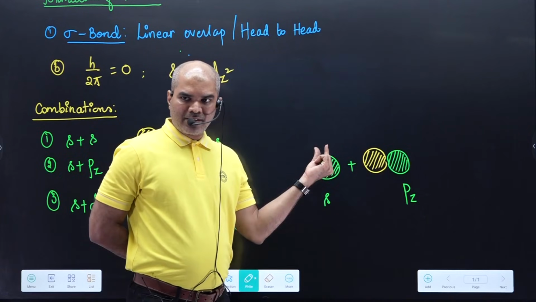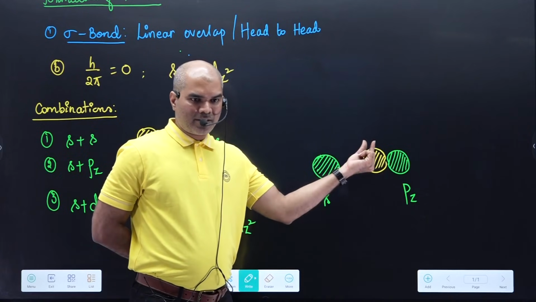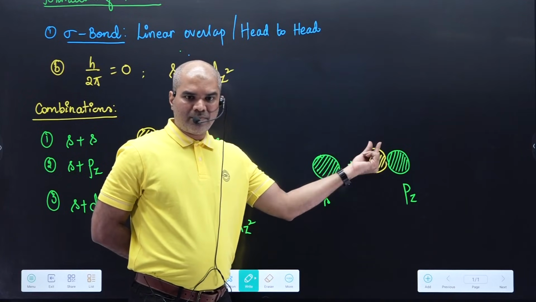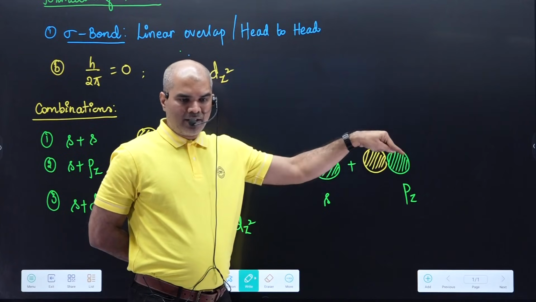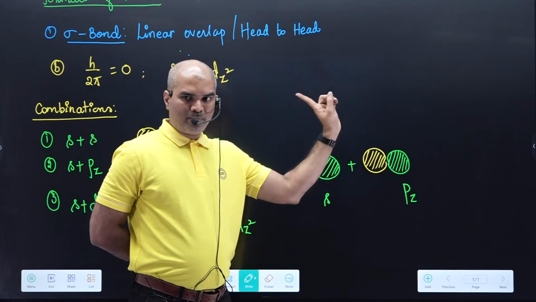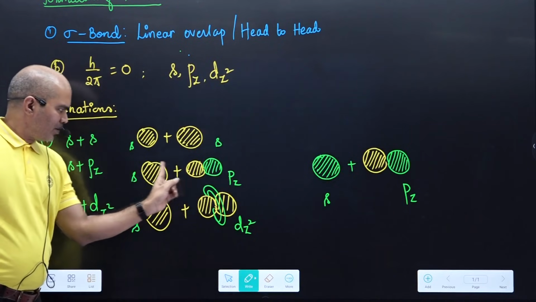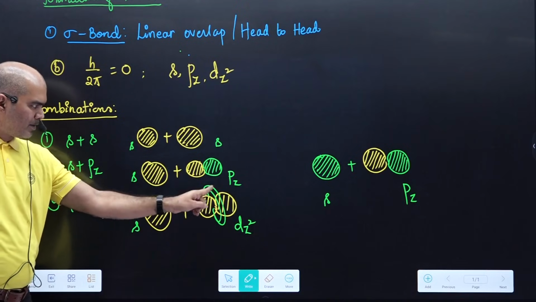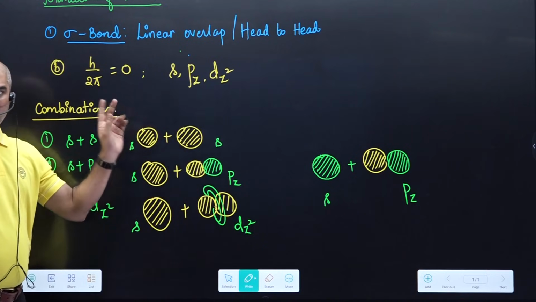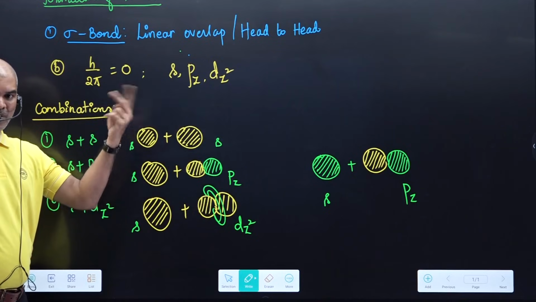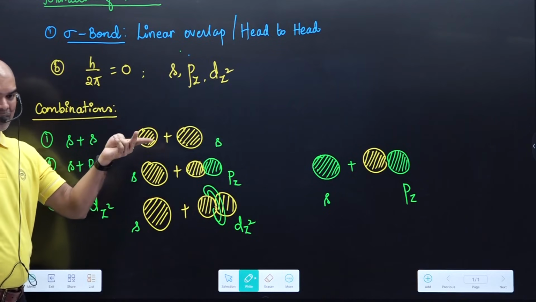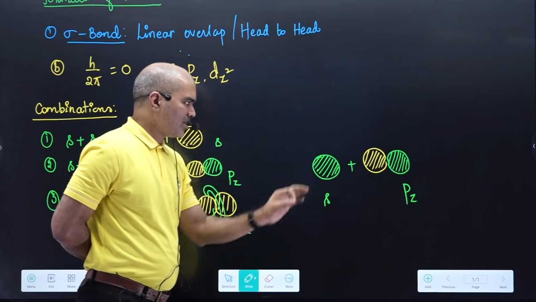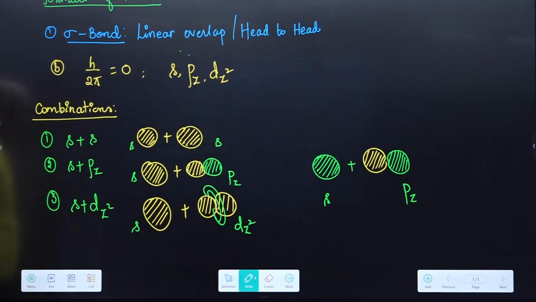But if this is plus, this should also be plus, but here you can see this is minus. Plus plus should match. Though if it is pz, then pz has to orient itself properly. So here you can see yellow to yellow, green is other phase. Symmetry has to match plus to plus or minus to minus, but not plus with minus. So if this is minus, this is plus, not matching. Though it is pz, symmetry should match.